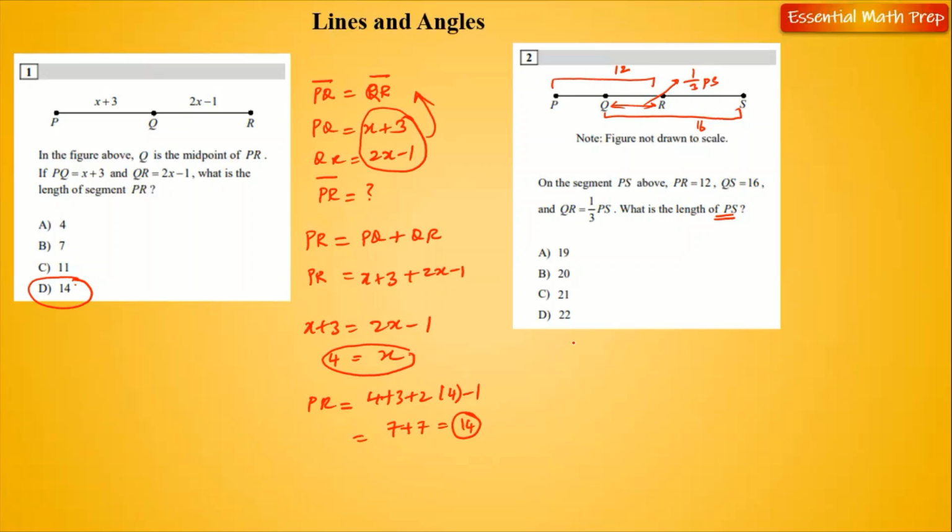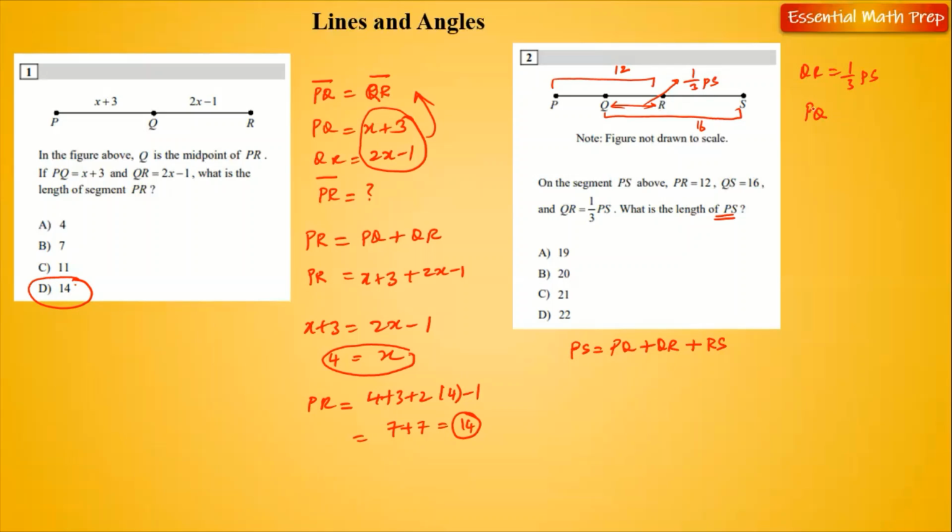So first, let's write PS as a combination of all of the individual segments, which would be PQ plus QR plus RS, right? So we know that QR is 1/3 of PS. Let's not focus too much on it for the time being.